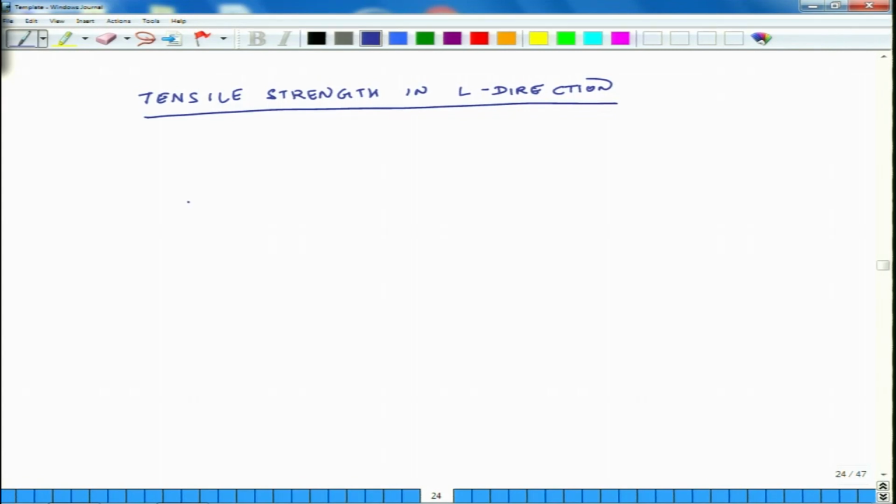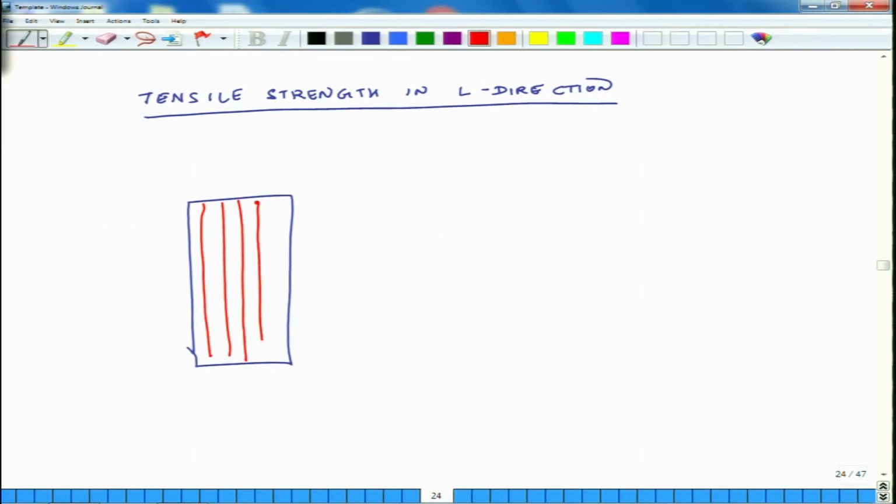So, to illustrate, you have a piece of composite, and it is having fibers in the L direction running across the entire length of composite, and this composite is subjected to a tensile load of P. So, remember, we are discussing tensile strength in L direction. We are not talking about compressive strength or shear strength, but tensile strength in L direction.